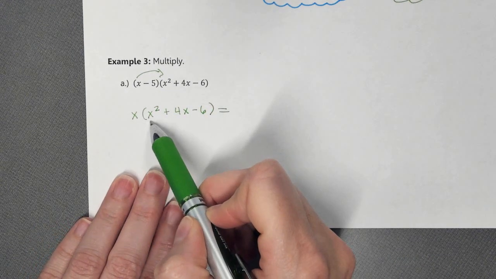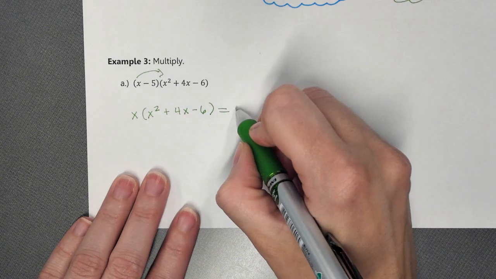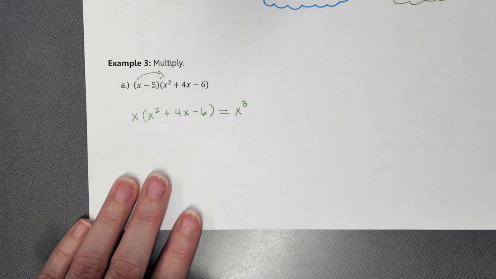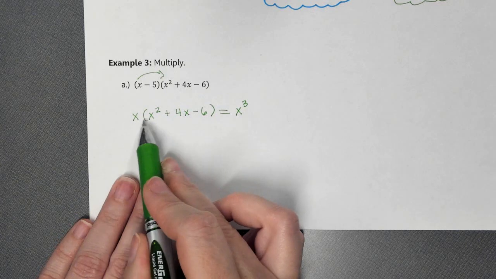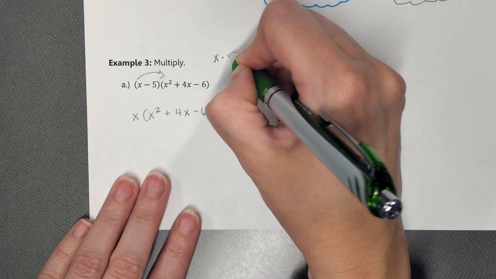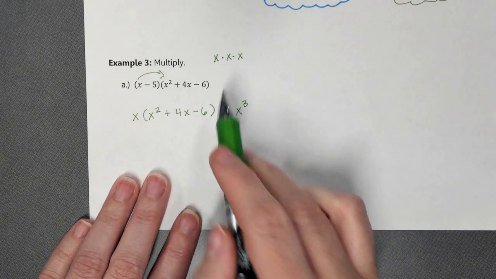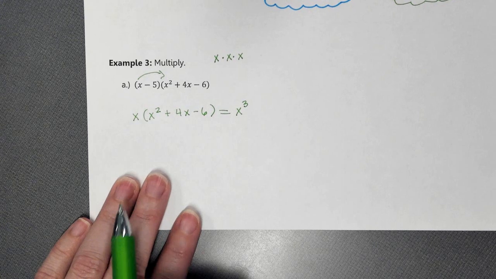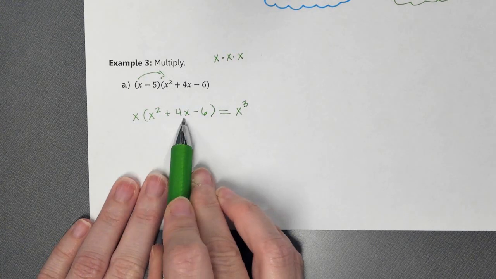So what's x times x squared? X to the third, great. And the reason why that is, when you're doing x times x squared, you're doing x times x times x. So there's 3 of them being multiplied. And then you're going to do x times 4x.